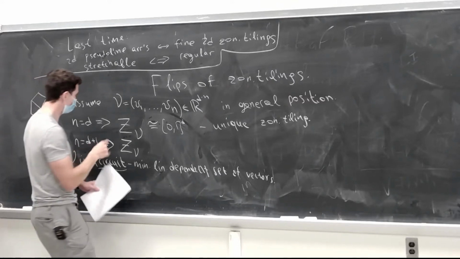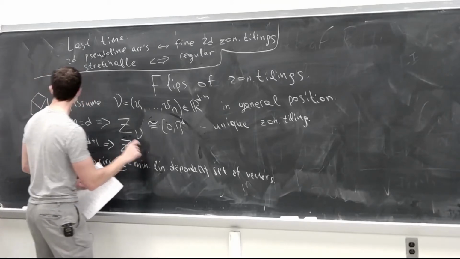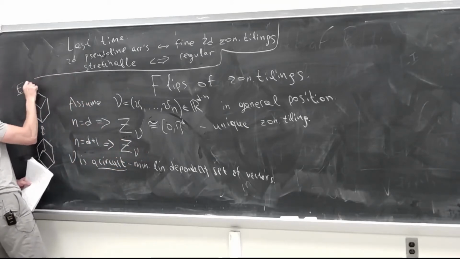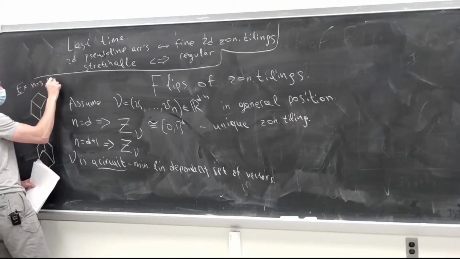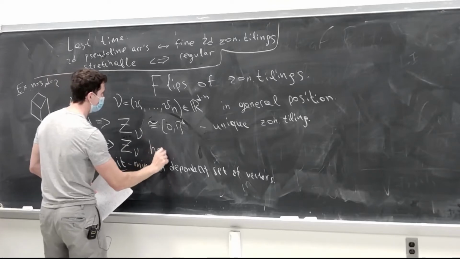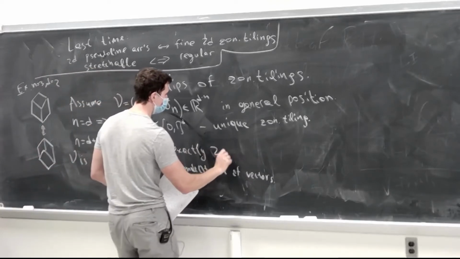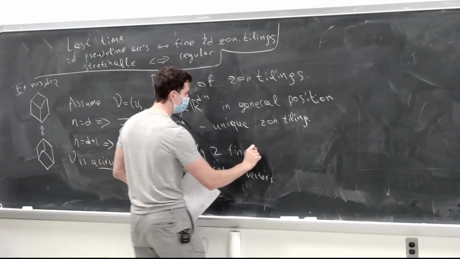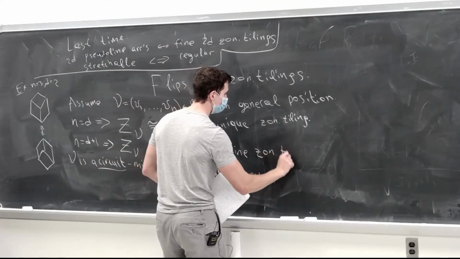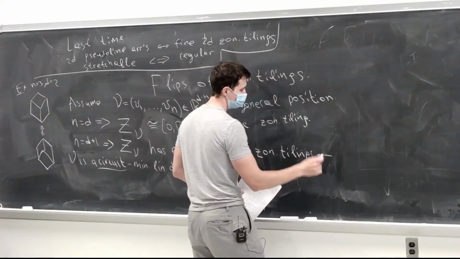And this holds in arbitrary dimensions. So in this example, n is 3 and d is 2. It turns out that this zonotope has exactly two fine zonotopal tilings, and we're going to say that these two tilings differ by a flip.